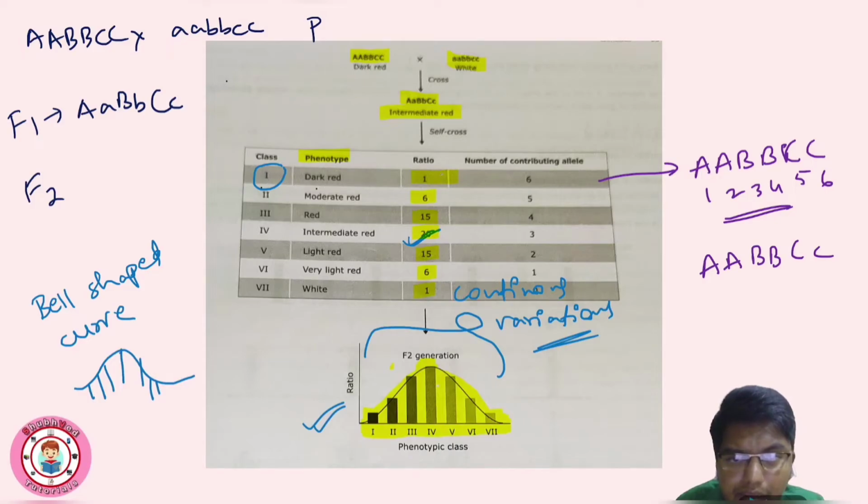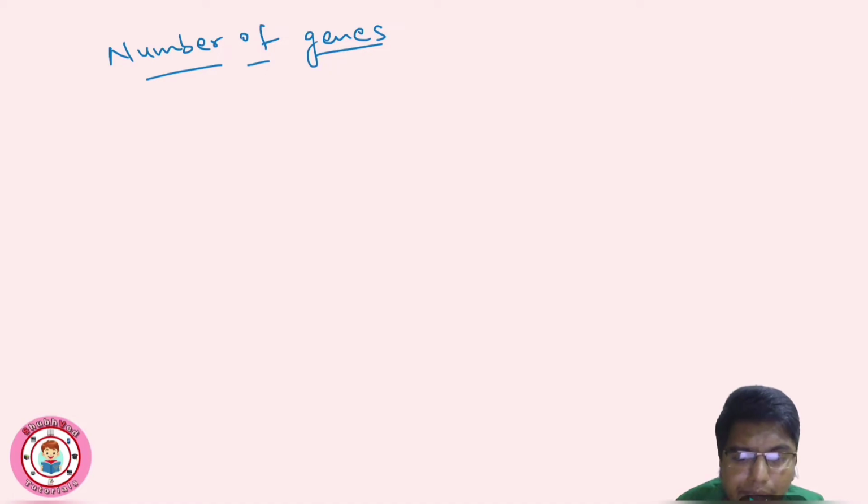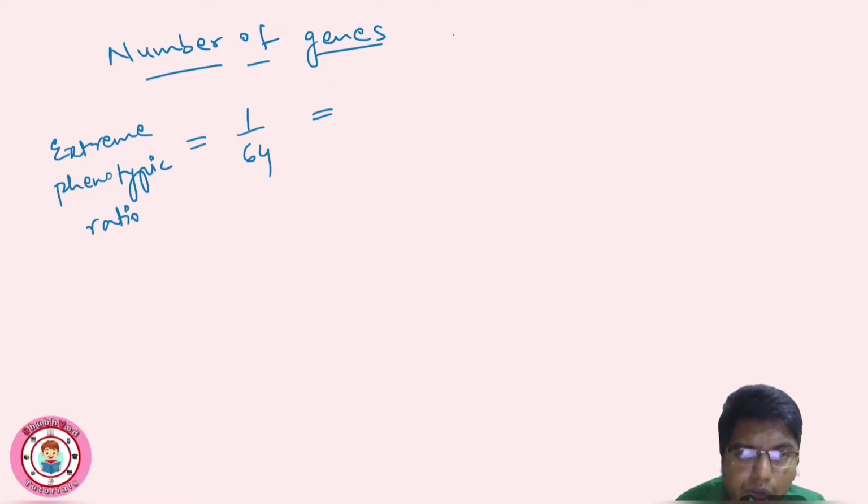It has ratio 1 and the total is 64, right? So that ratio we want to keep in mind, ratio 1/64. Okay, extreme phenotypic ratio, I will write here. So this is the extreme, that is dark red, 1/64.